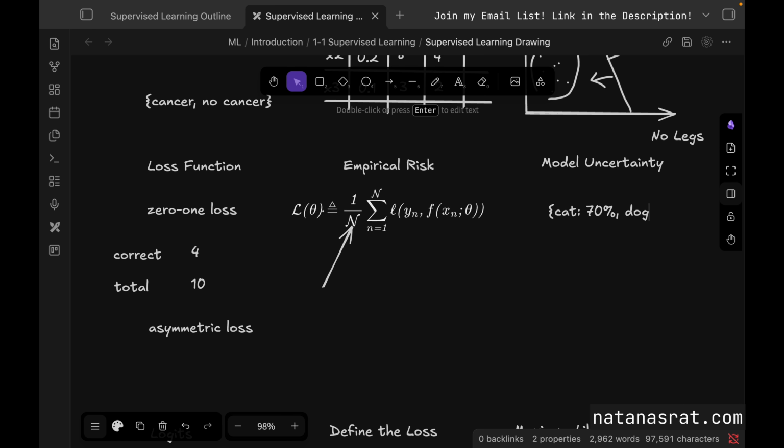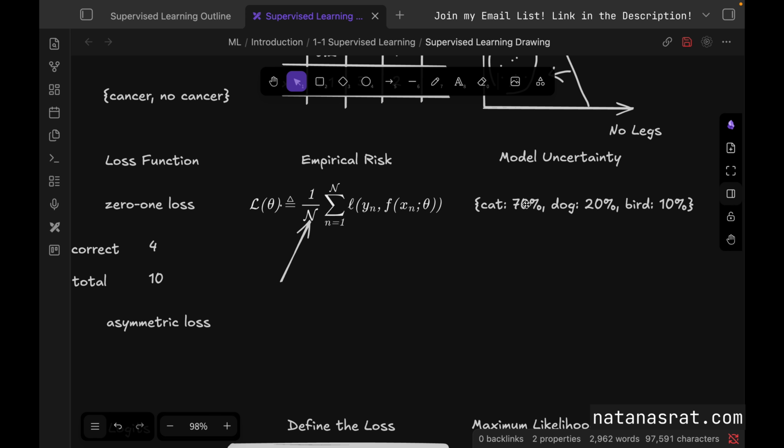And for dog, we have 20%, and for bird, we have 10%. So probably the model gave dog more probability because the input specifies 4 legs and birds usually have 2 legs. And cat maybe has very high probability due to the weight being very little compared to dogs. So that is something that our model learns.